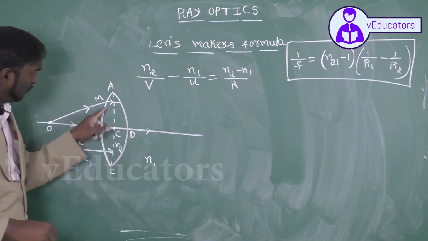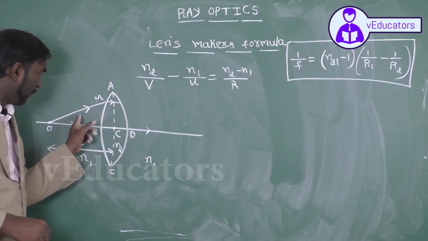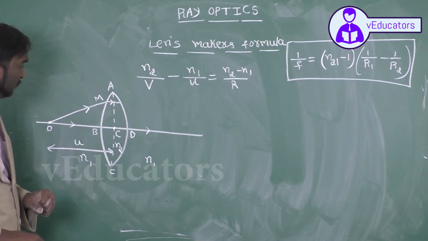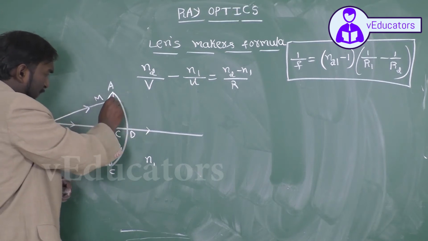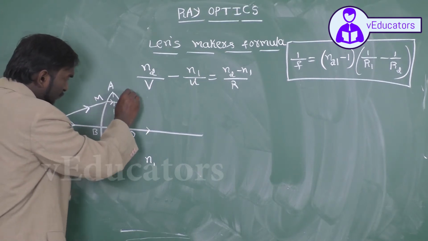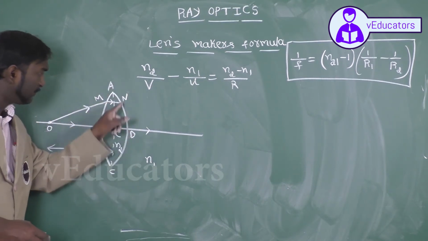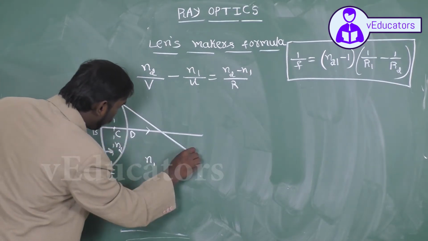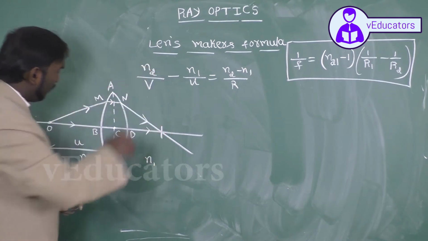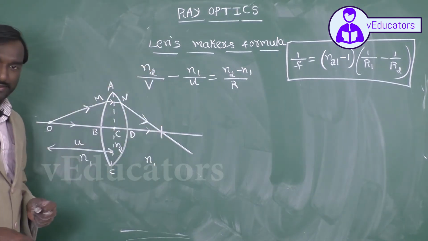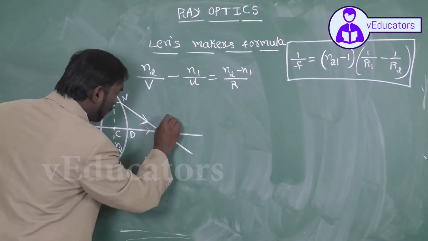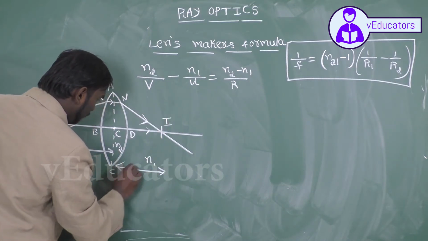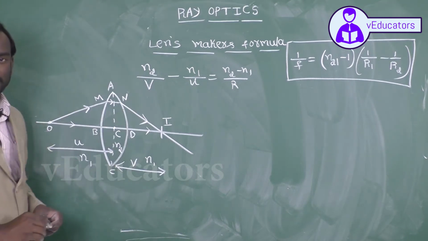You know this, when light travels from rarer to denser, it bends towards the normal. And this refracted ray strikes the surface at the point N and it refracts. These two rays will meet at the point I, where I can see the image of the object.